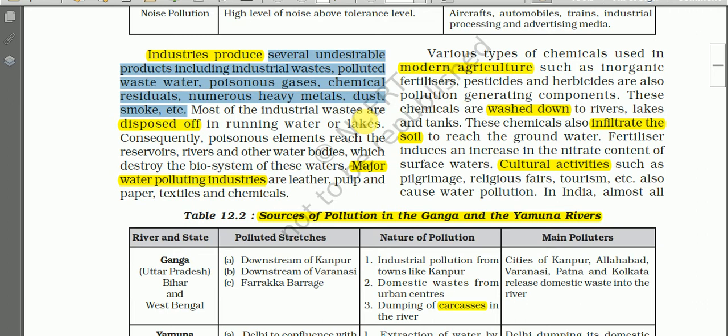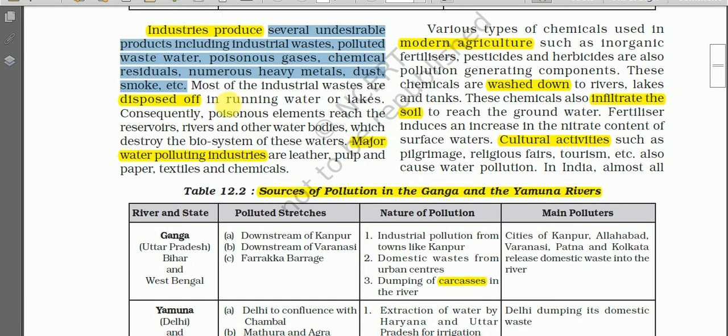The industrial wastes may be solid or liquid. The wastewater may also be toxic. Then chemical residues, numerous heavy metals like arsenic and lead, which are toxic, and dust and smoke. Because of all these substances, environmental pollution occurs.